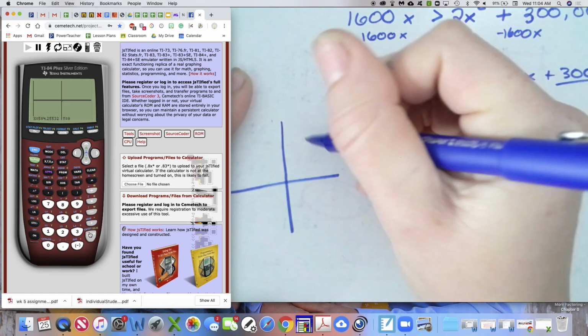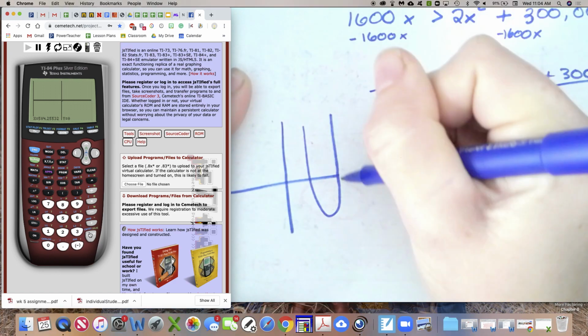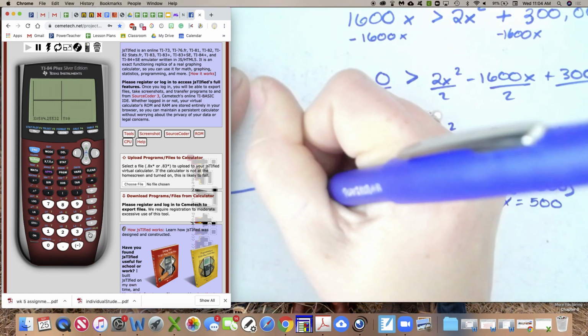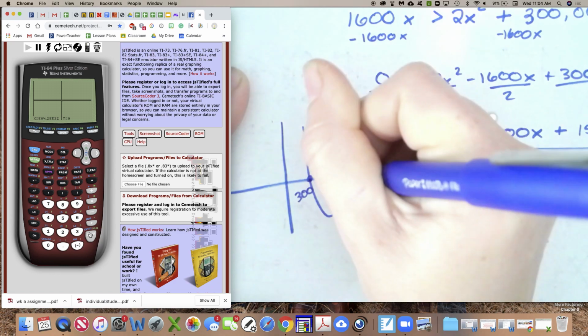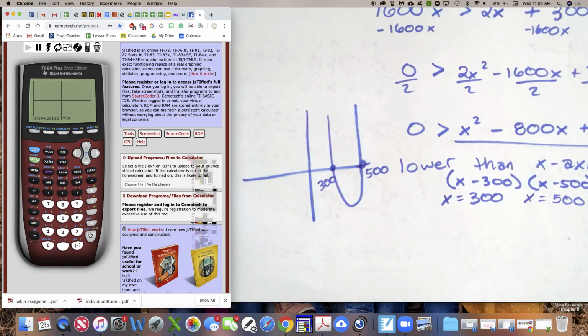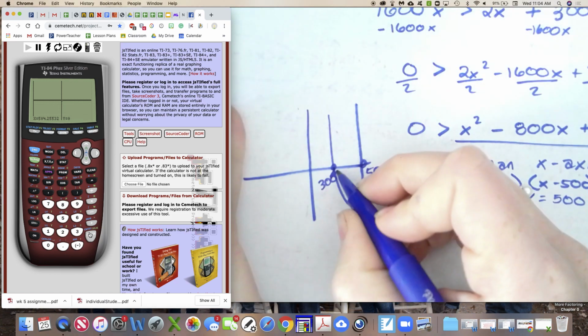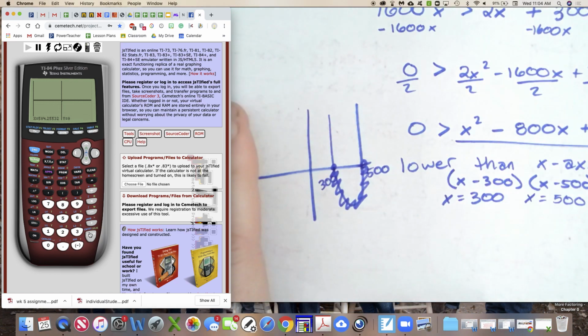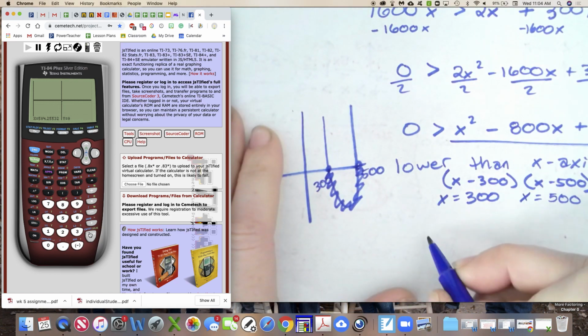All right, so 300 is here, 500 is here, right? I'm going to go with those two. We want to know when it is less than 0, right? I'm looking at lower than the x-axis, so it has the entire range from here to here.